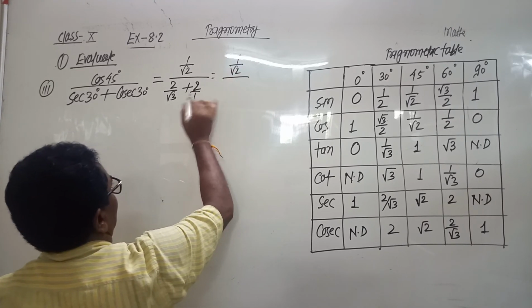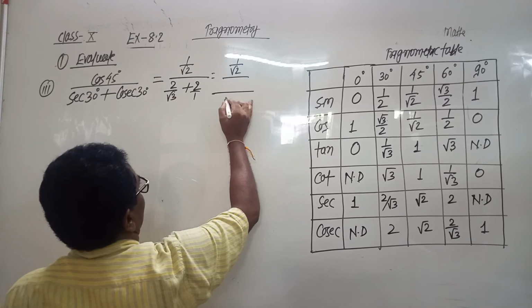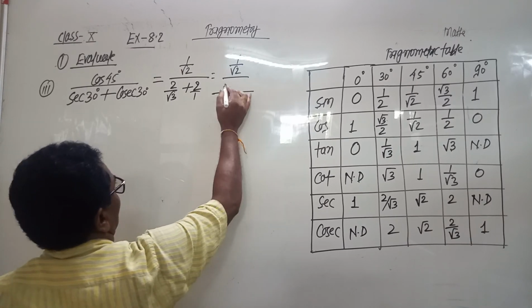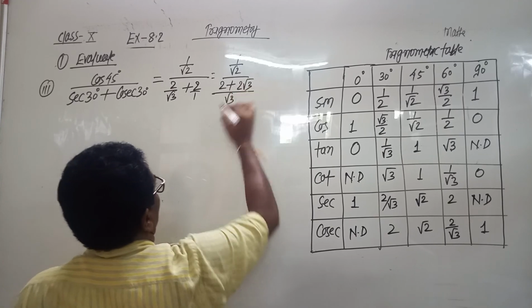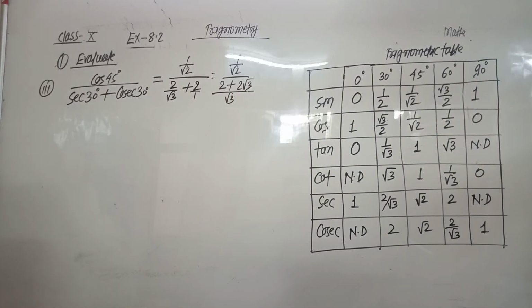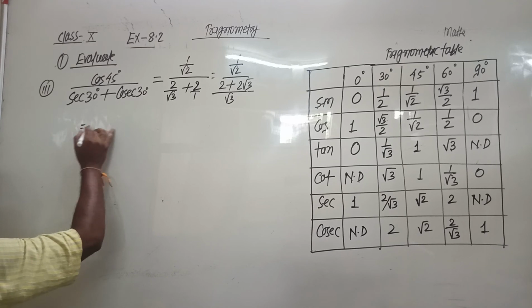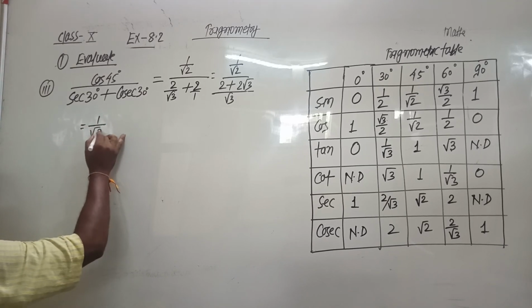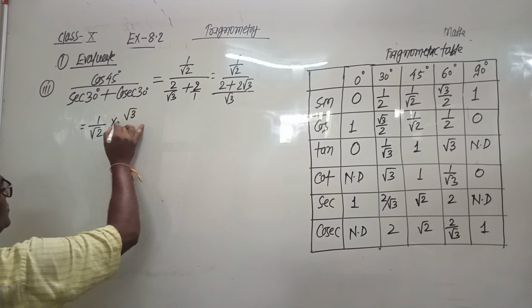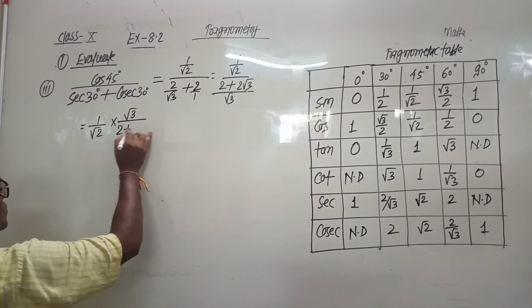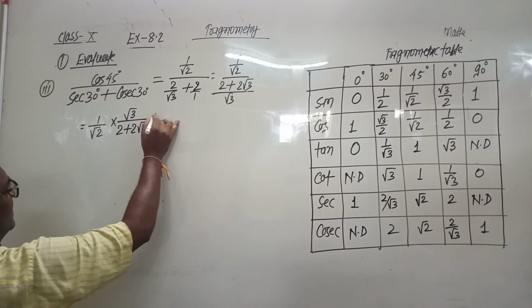Here is nothing, that we can write 1, take LCM, root 3 is the LCM, we get 2 plus 2 root 3. Then we write in multiple form, 1 by root 2 into, it becomes reciprocal, root 3 upon 2 plus 2 root 3.